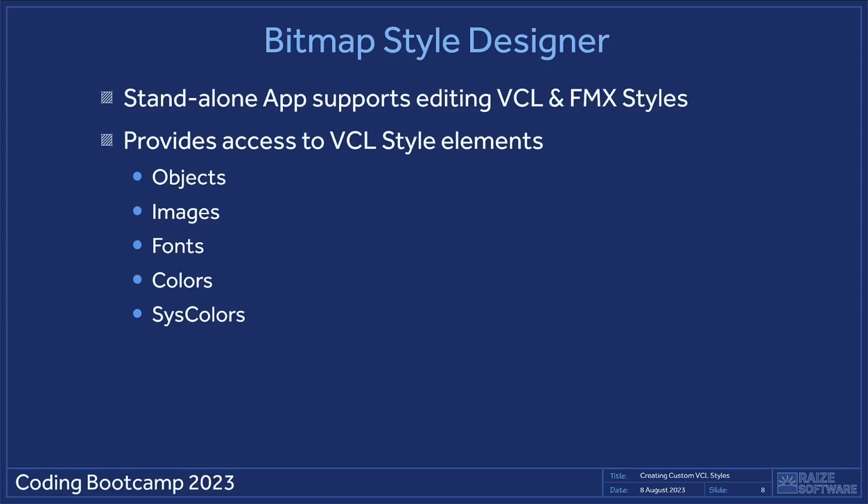The Style Designer is broken up into 5 different sections. There's an object section which is broken up by control, and it defines the pieces that make up the style, the various elements. Then you have the images section, which defines all the source images that are going to be used to basically represent what that control will look like when this style is used. And then the three remaining sections are all related to colors.